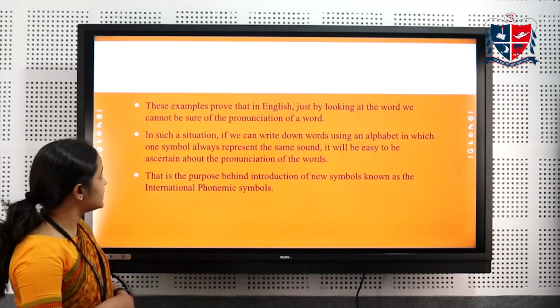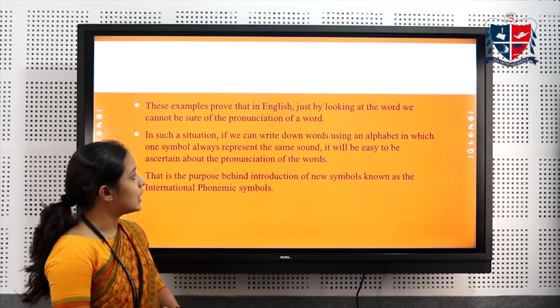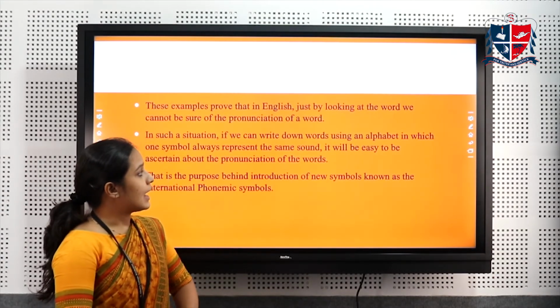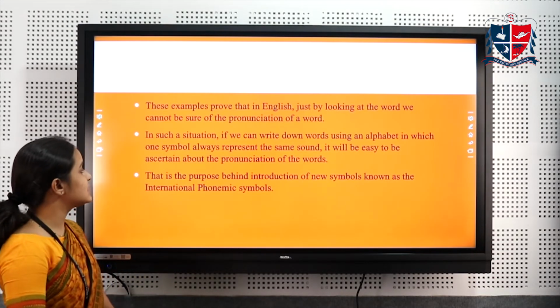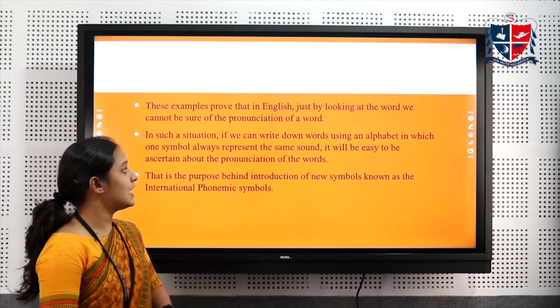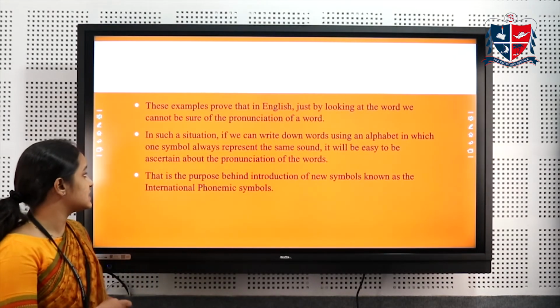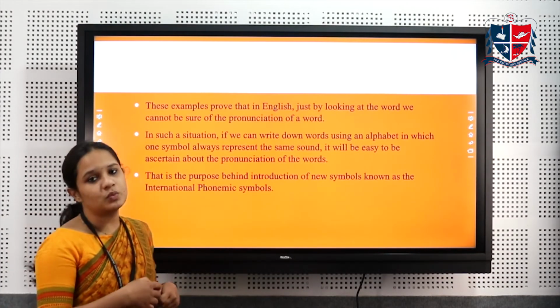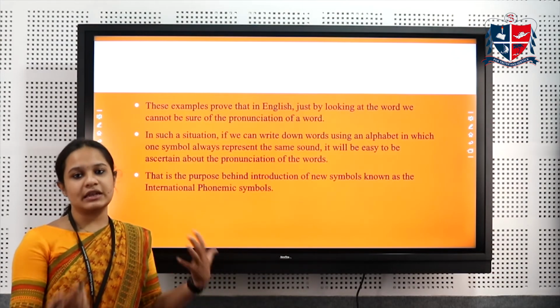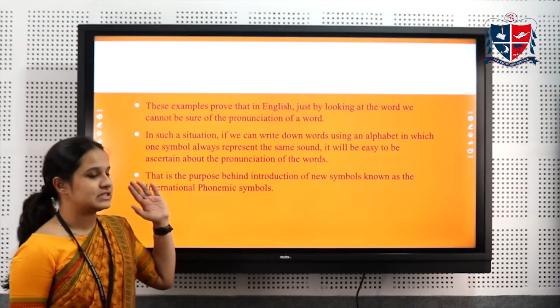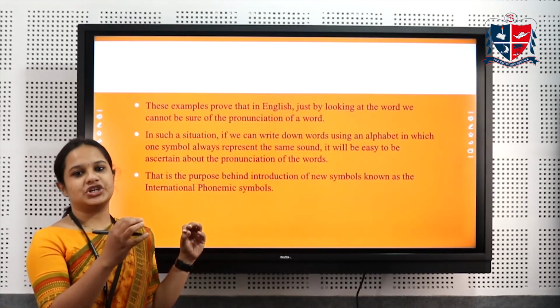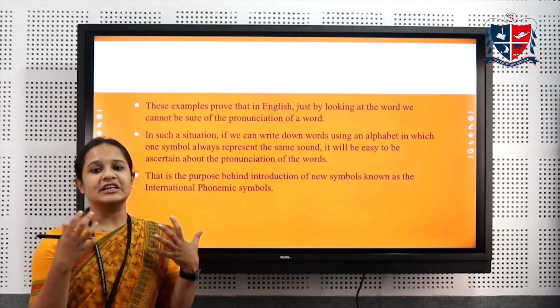Okay. In such a situation, if we need to write down words using an alphabet in which one symbol always represents the same sound, it will be easy to be certain about the pronunciation of the words. That's what we just said now. Like if we have a standard representation of a sound, that would be much easier.